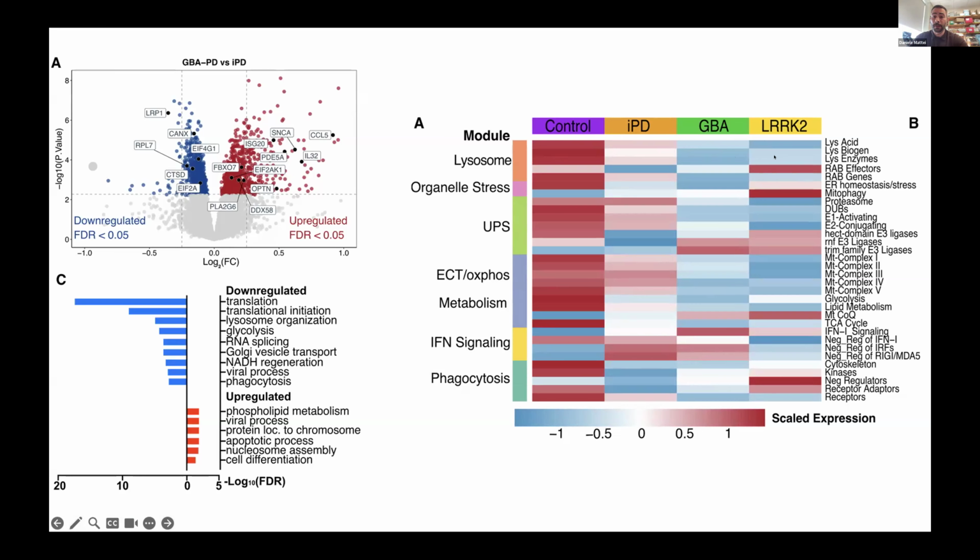LRRK2 PD. And not surprisingly, in GBA PD monocytes, we see a strong downregulation in lysosomal enzymes, or the genes coding for them.